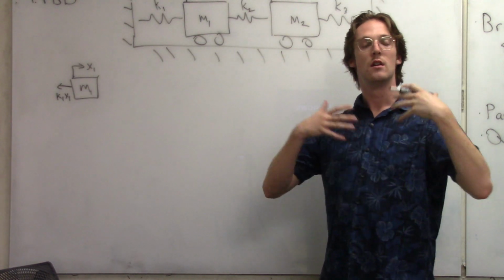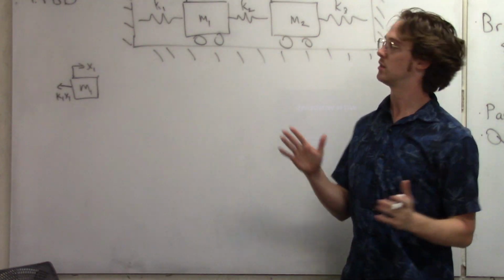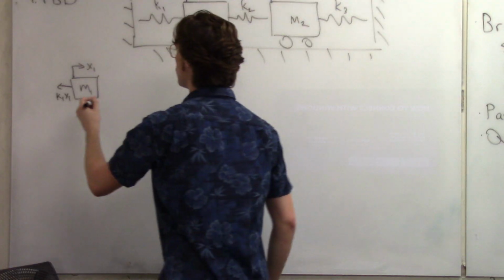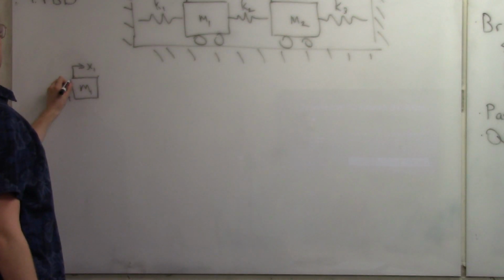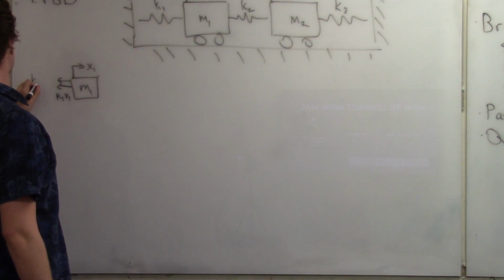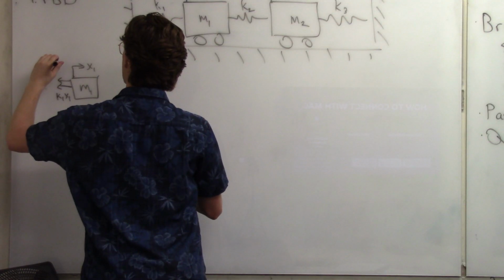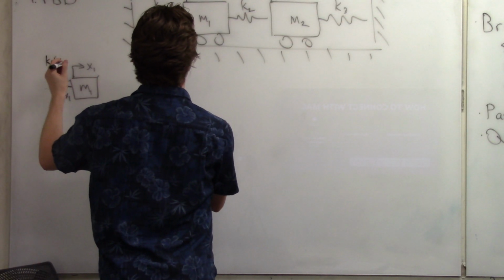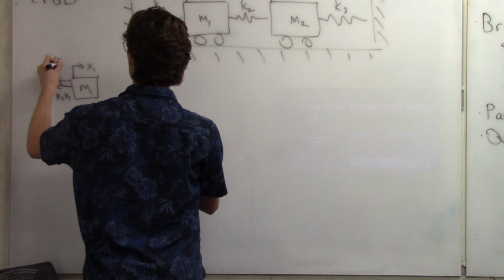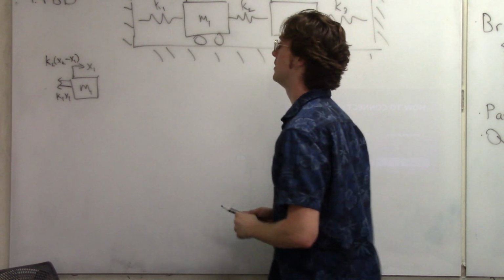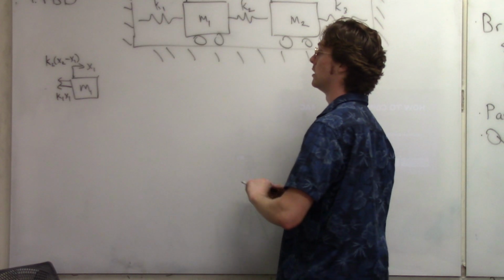It has to be the relative distance between these 2 masses that causes the force in the spring. So we would write another left force that's K2, I want to say x2 minus x1. So there, that is our mass 1.